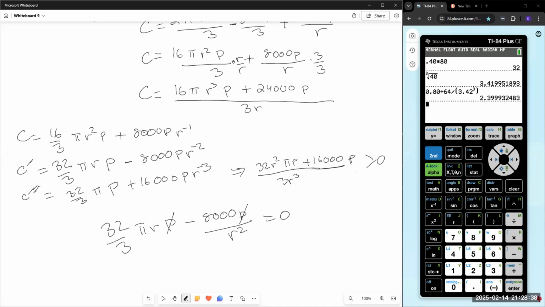So the p's divide out. 32 pi r over 3 is equal to 8,000 over r squared, which turns into 32 pi r cubed is equal to 24,000. And r cubed is going to be 24,000 divided by 32 pi.